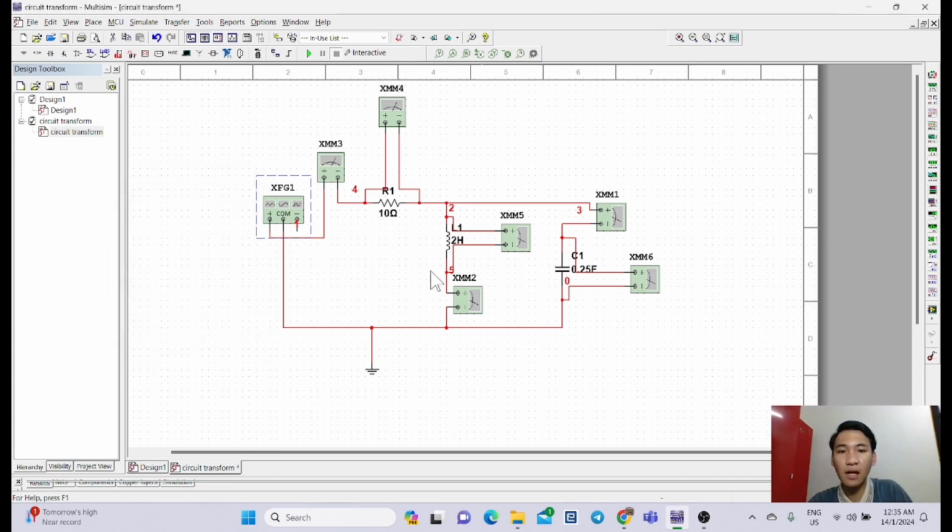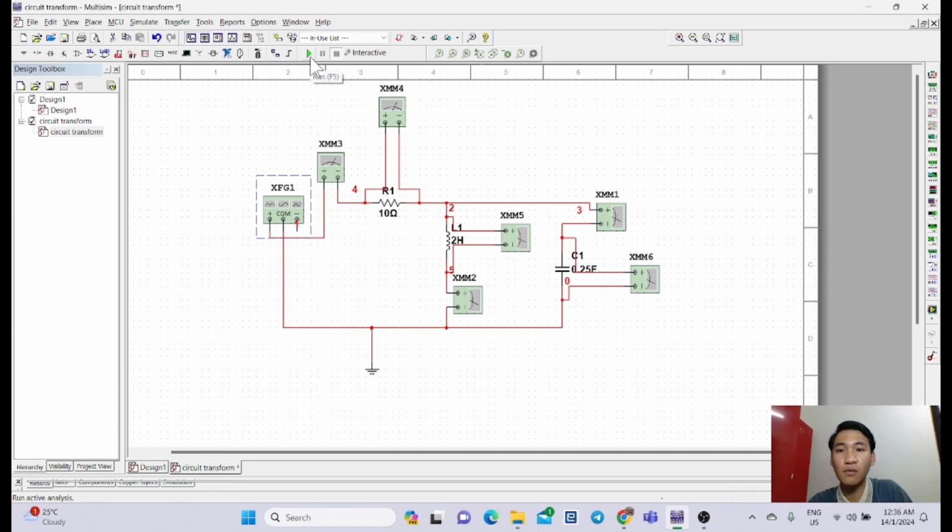After we set the values for each component, we can connect it with the multimeter. Multimeter we can find here. As we know, if we want to find the voltage, the voltmeter must be connected in parallel with the load, while the ammeter must be connected in series with the load.